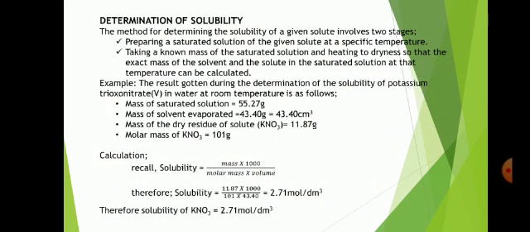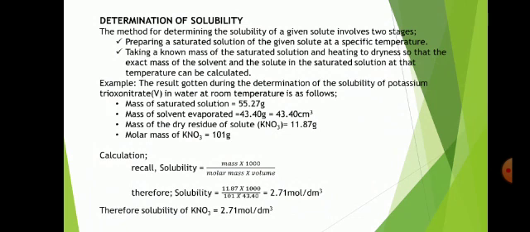Now, 43.40 cm³ of water dissolves 11.87 grams of potassium trioxonitrate(V). The molar mass of the salt is 101 grams. So, inputting that figure into the solubility formula, we have 11.87 grams of this residual salt times 1000, which is a standard conversion, divided by the molar mass of potassium trioxonitrate(V), 101, times the volume of water which is evaporated.